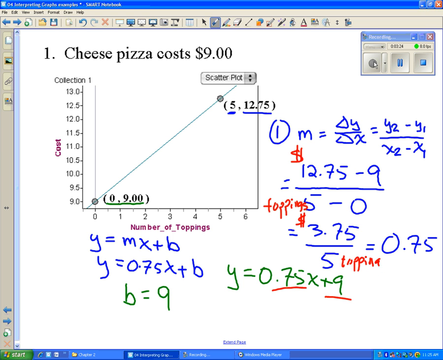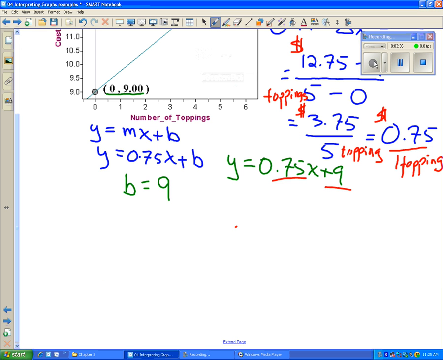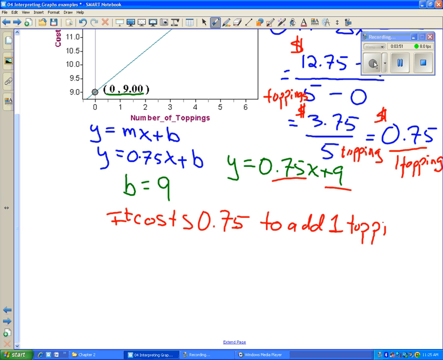And so when I divided that out, I got 75 cents per one topping. Just kind of like my conversions that I was doing earlier. So the real world meaning of slope is it costs 75 cents to add one topping to the pizza.